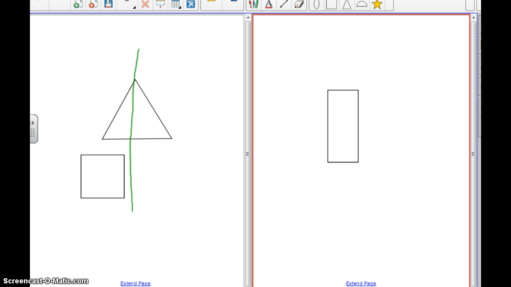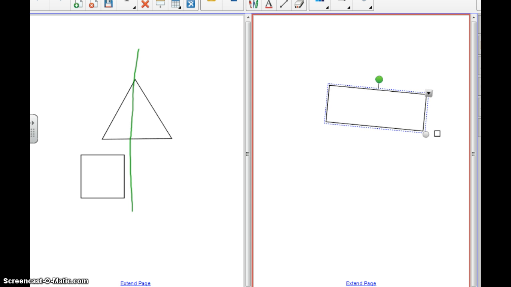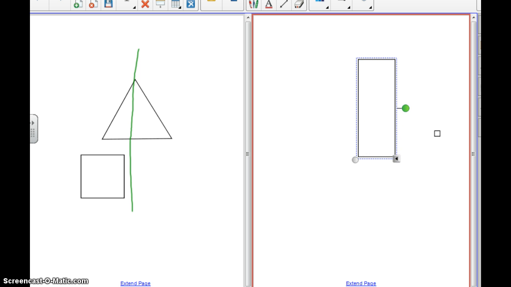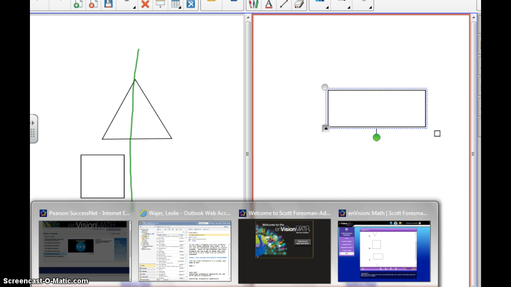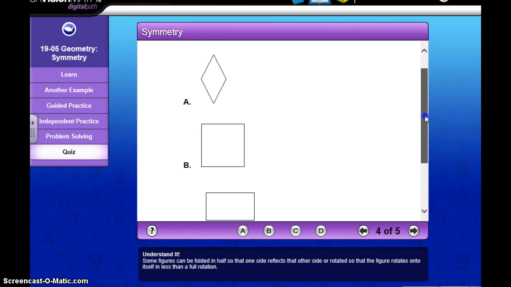Did it start up and down or side to side? Side, like this, right? Okay. All right. Is it going to look the same? Mm-hmm. Let's go back. Let's look again.